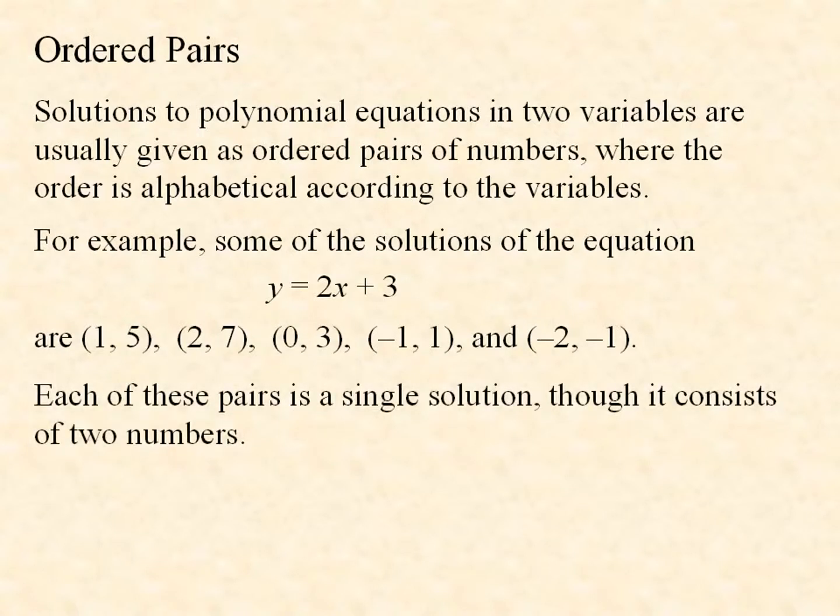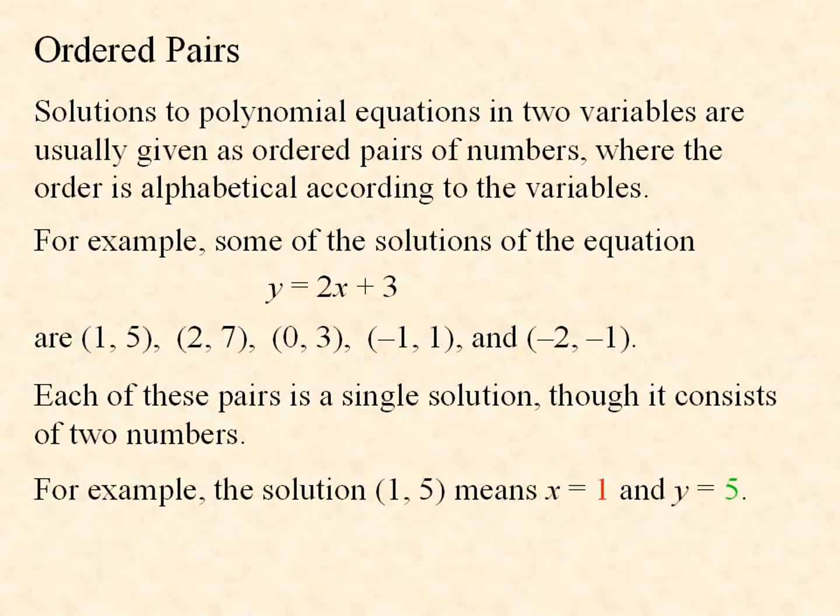Each of these pairs is a single solution, though it consists of two numbers. For example, the solution (1, 5) means x equals 1 and y equals 5. It is a solution because y equals 2x plus 3 gives us 5 equals 2 times 1 plus 3.